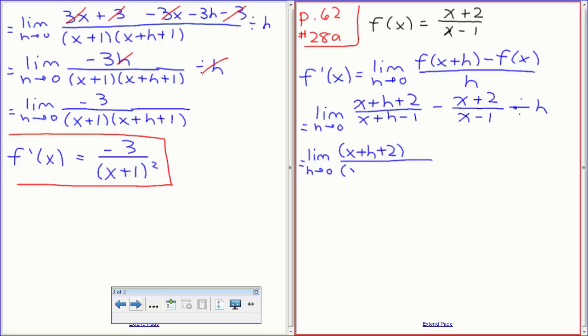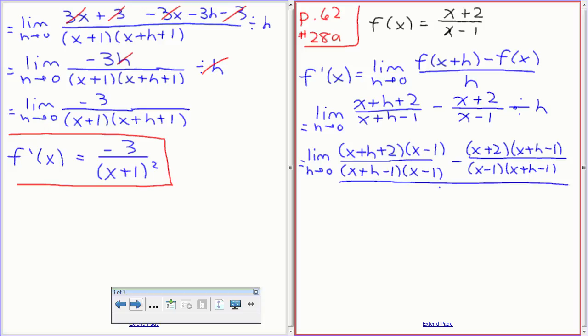I thought we were already there. Sorry, I just didn't know what happened there. It's okay. No problem. I'm going to divide by h, the whole thing.